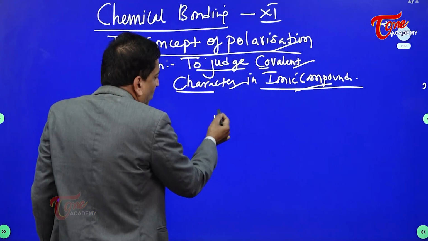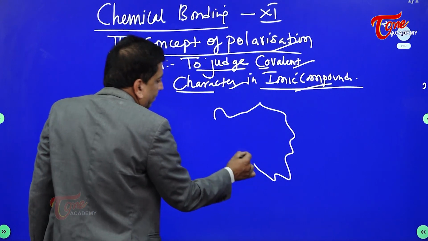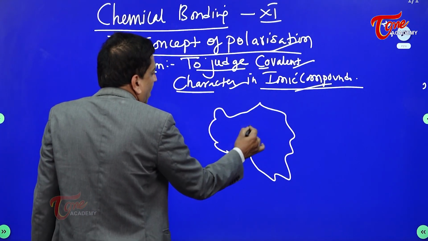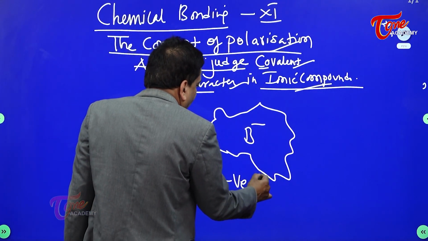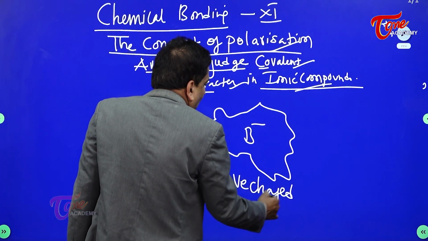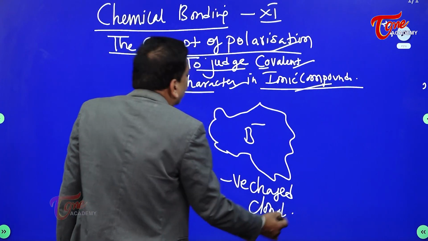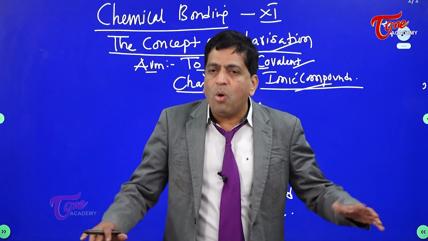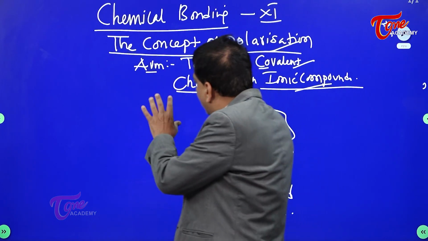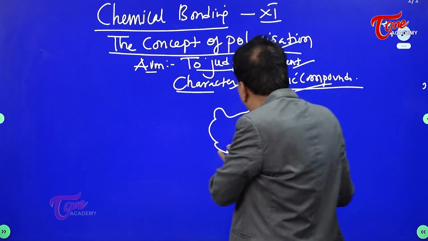Look at this. This is an irregular boundary, and this is the B minus, and I call this a negative charge cloud. And now comes a cation. Now the cation is at a legitimate distance, no distortion.